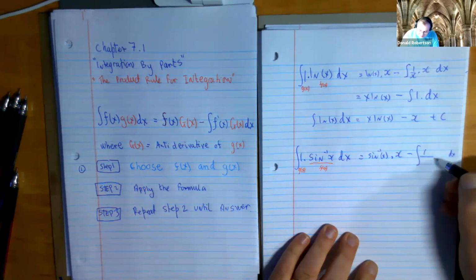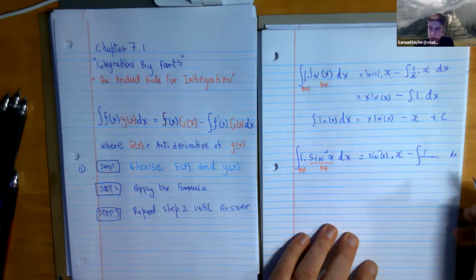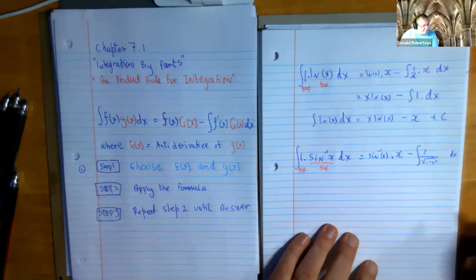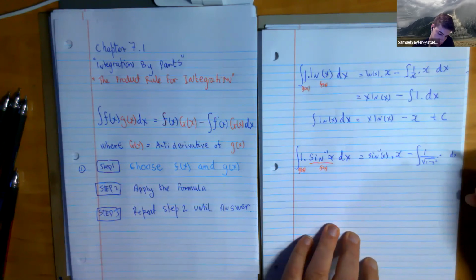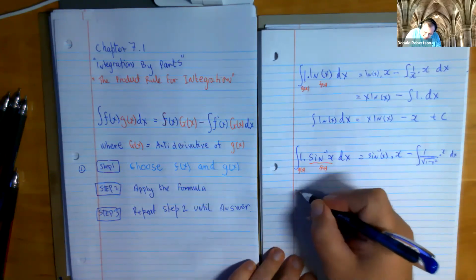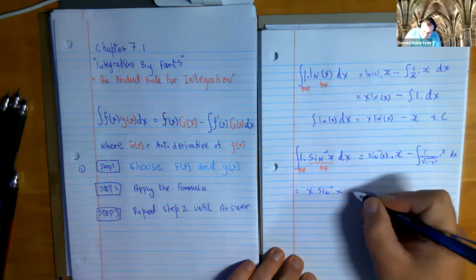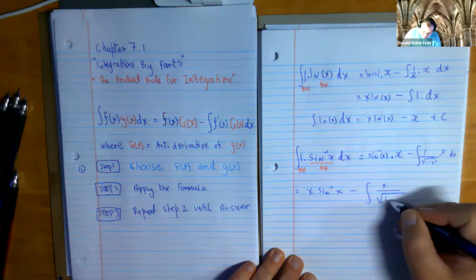There's the start for you: 1 over the square root of 1 minus x squared. Well, the integral of 1 is x. So we now have x times inverse sine of x.